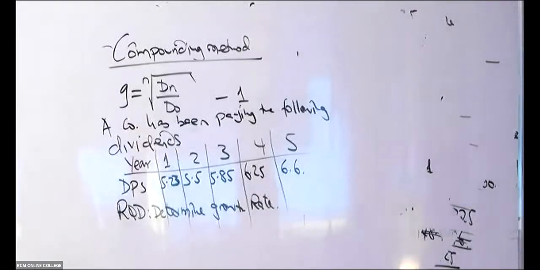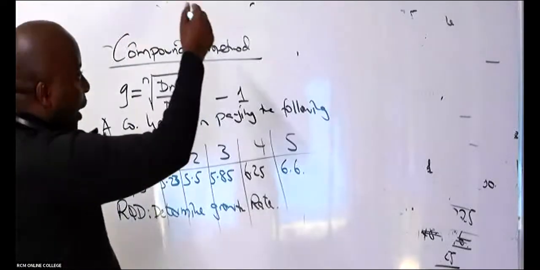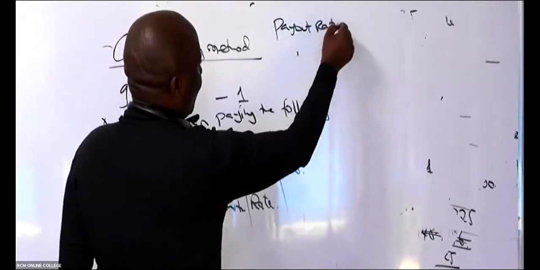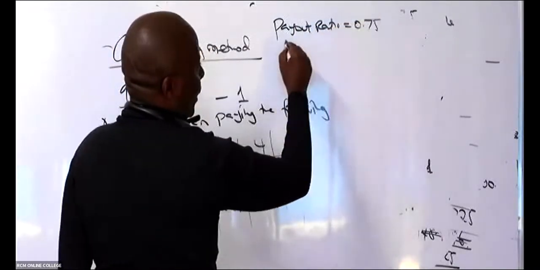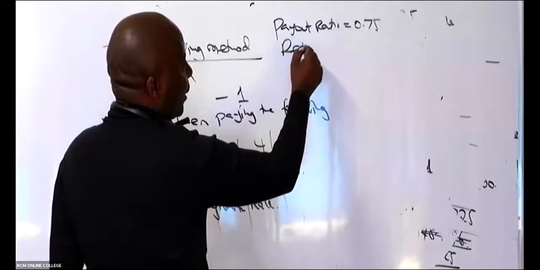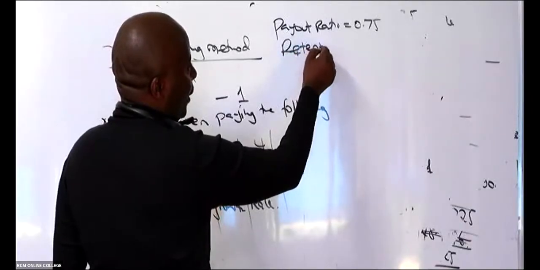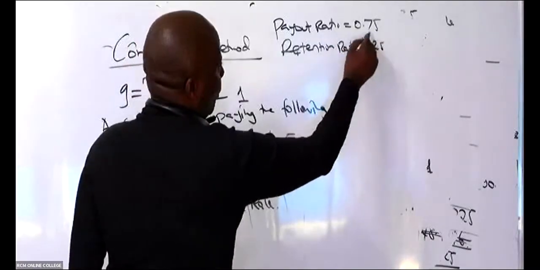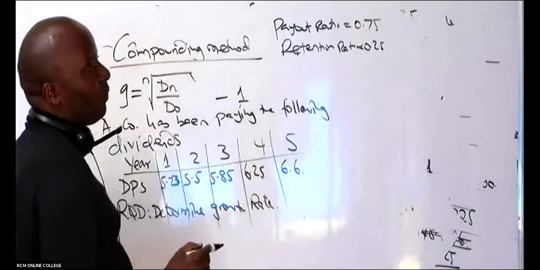Some were lost on the retention ratio. It's very easy, really. If you're told the payout ratio is 0.75, Hassan, how much is being retained? Retention ratio will be the opposite of this: 0.25.